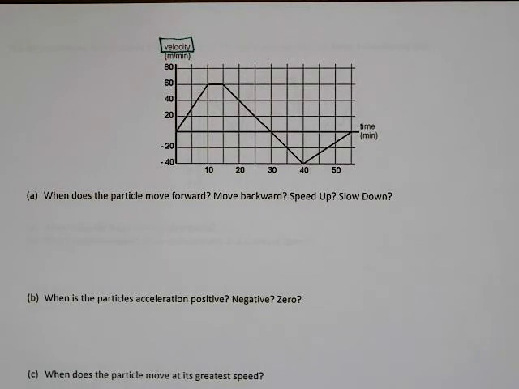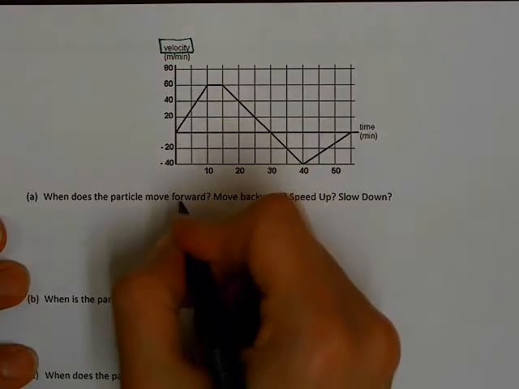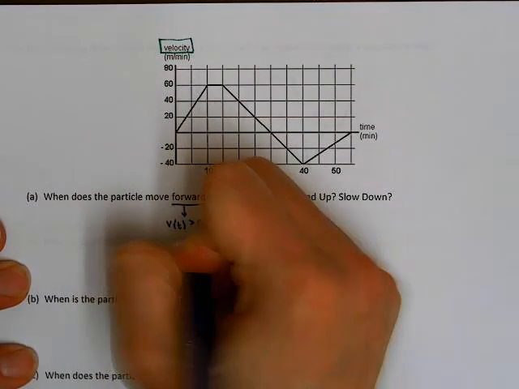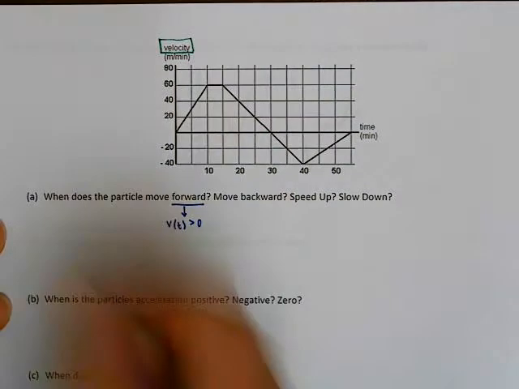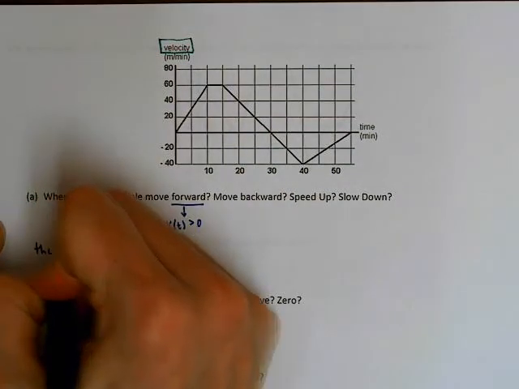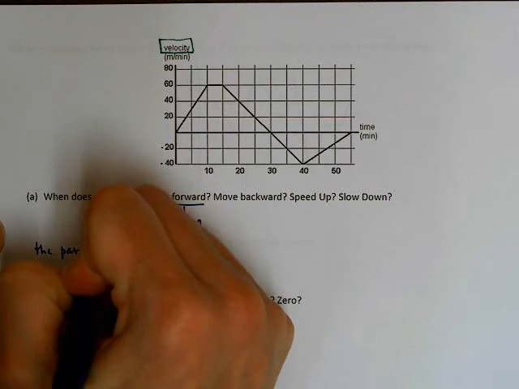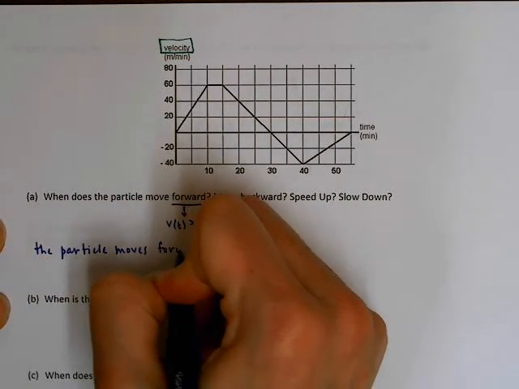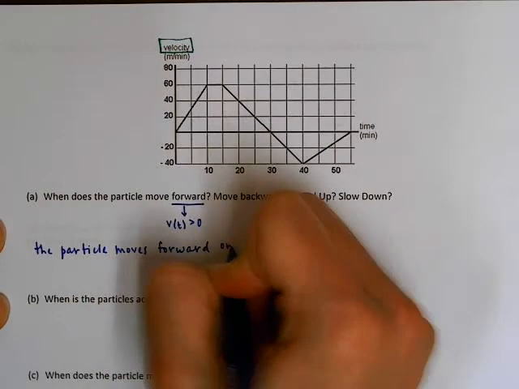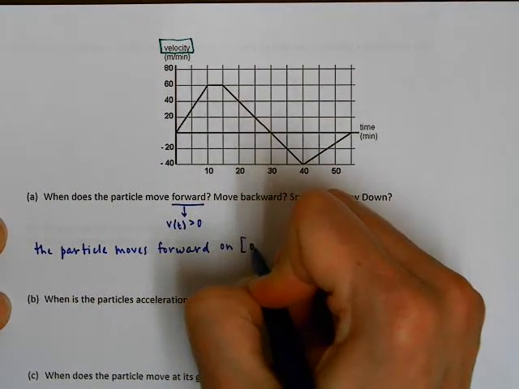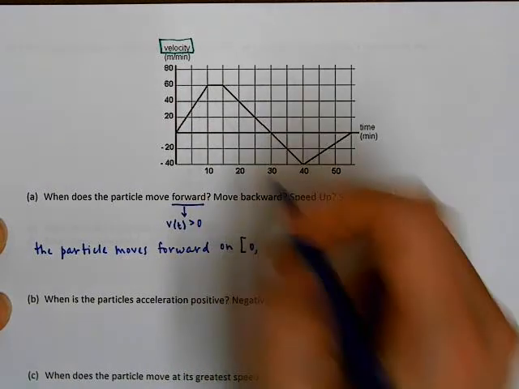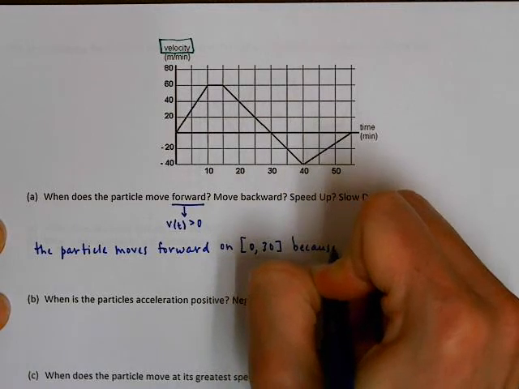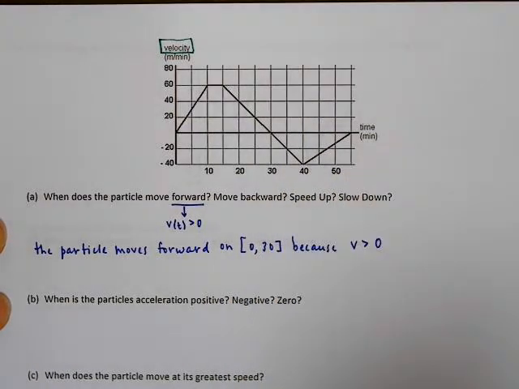All right, so let's see. When does the particle move forward? That means when is velocity greater than 0? So when is it above? So the particle moves forward on the interval from, it looks like, 0 to 30, because velocity is greater than 0.